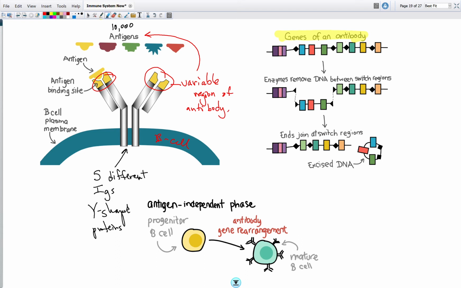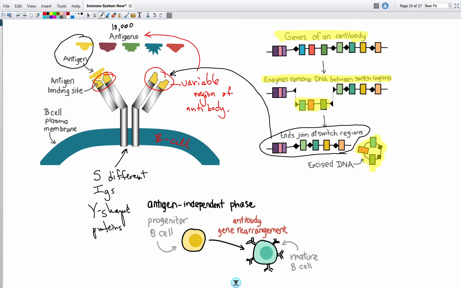Well, what you are is adaptable. You can adapt to what antigens are attacking you by removing sections of DNA that you don't need and isolating that DNA from your chromosome and only producing the kinds of antibodies that you do need. So maybe this set of genes here produces the shape that you see here to fight only this antigen there.